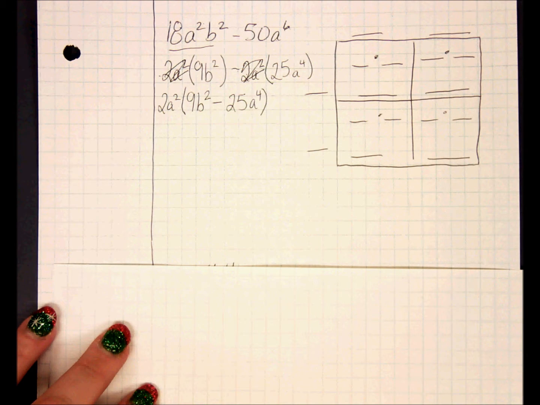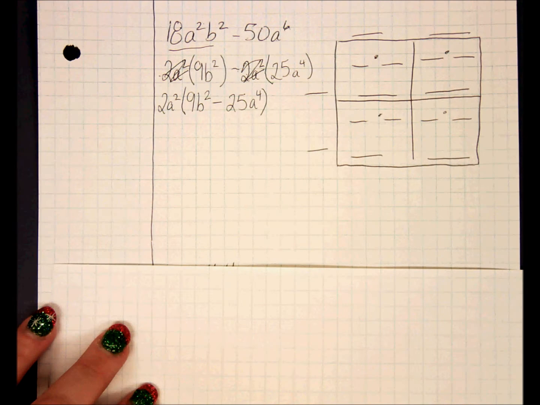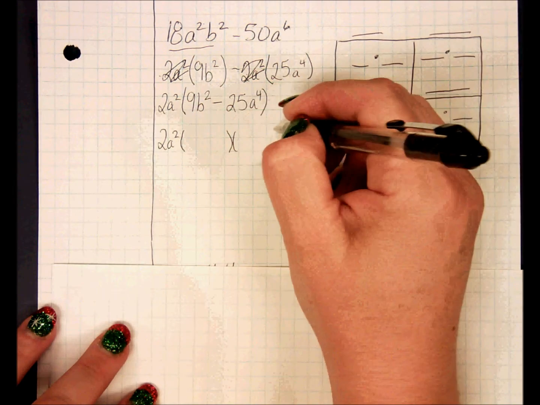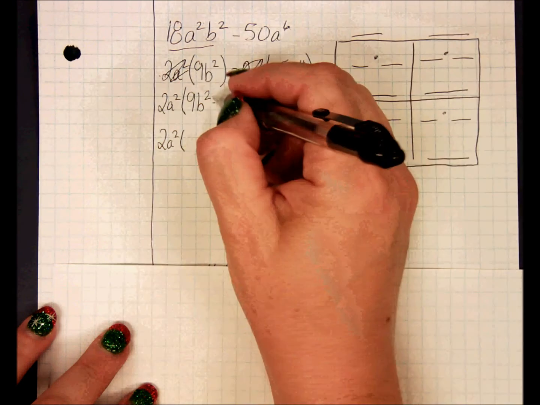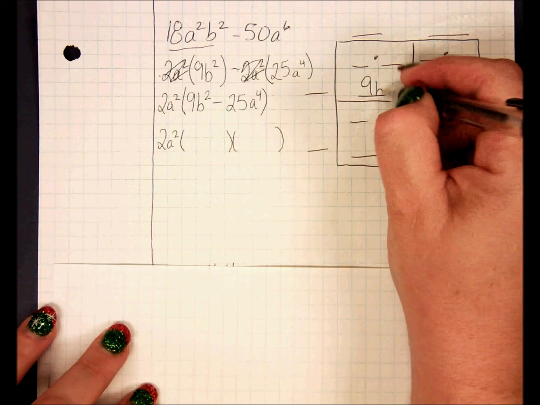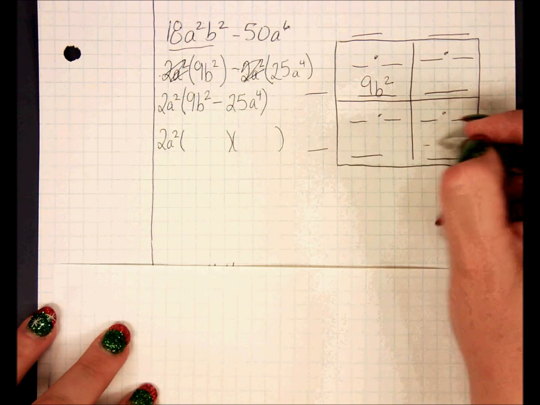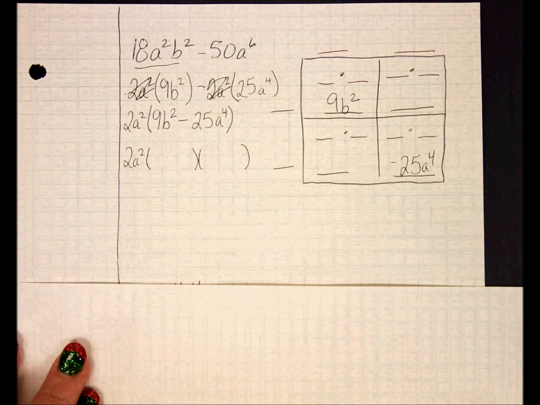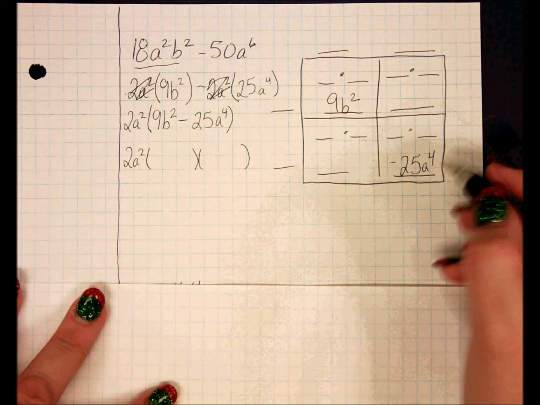I look at it, I can't take anything else out of those two numbers. I know my final answer is going to have a 2A squared at the front and then something times something. The first part goes in this one and the last part goes in this one. Now it's where we start doing all the work. What's going to multiply together?